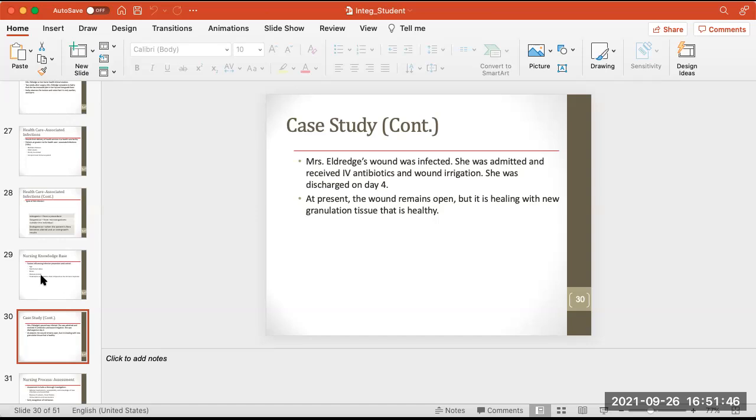The primary fluid, what kind of fluid is running, what kind of antibiotic the patient had, and what kind of nursing considerations I need to be aware of. Maybe the patient can have a superinfection? What teaching do I provide to these patients who are on antibiotics, and that too IV antibiotics?